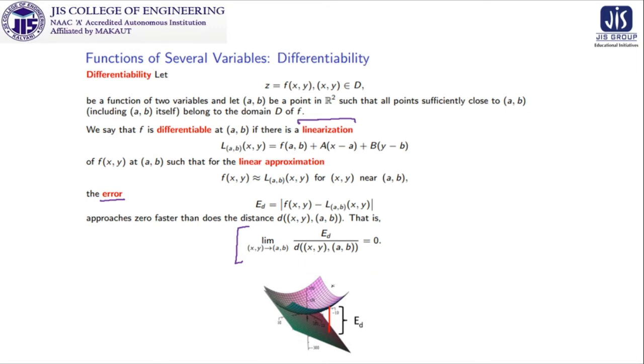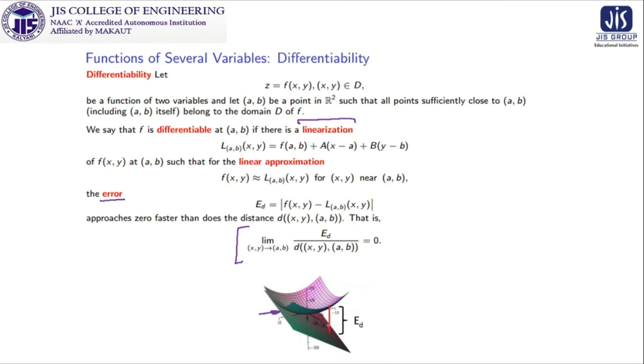So if you see this diagram, this is the curved surface, and this is the linearization L_(a,b). Our point of concern is this one. When we check the error E, this is the difference at a particular point.